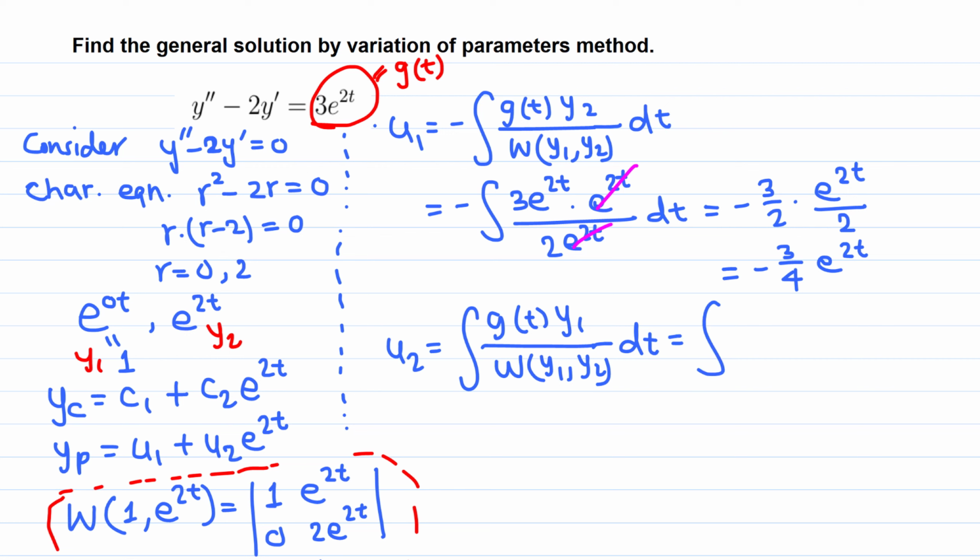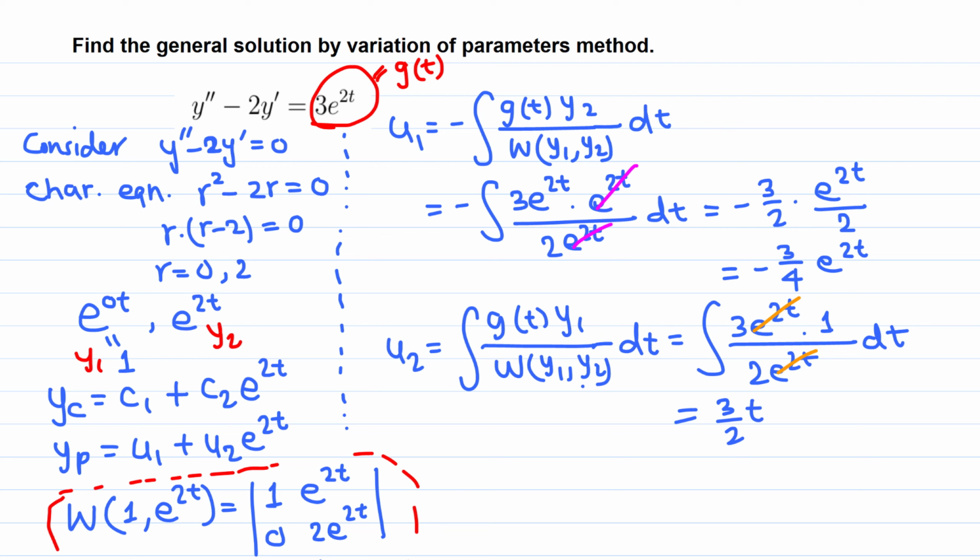That is, gt is 3e2t times y1, that's 1, the first solution, over the Wronskian we found earlier, 2e2t dt. e2t cancel, because we got the same thing. 3 halves can be pulled outside. That leaves 1 dt. The integration of 1 is just t. Okay. Now we have u2 as well. We got all the ingredients.